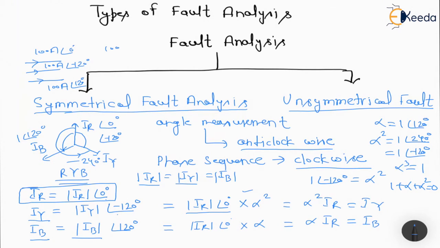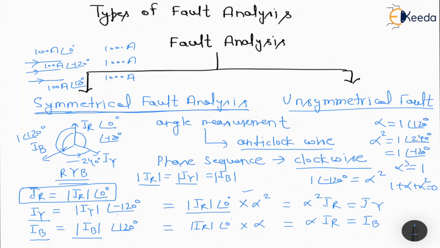So this becomes 1000 ampere, this becomes 1000 ampere, and the B phase becomes 1000 ampere. If they are still in balanced condition, then that fault will be considered a symmetrical fault analysis. And if after the fault our vectors are not balanced, then that would be considered an unsymmetrical fault analysis.